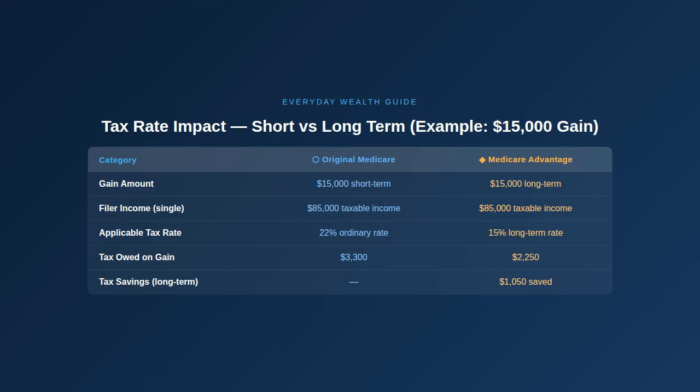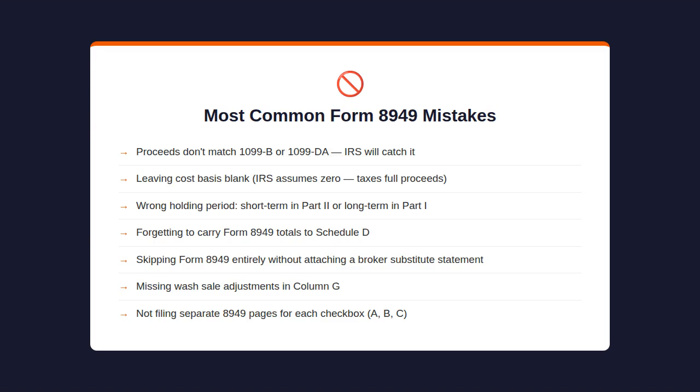Let me highlight the most common Form 8949 mistakes so you can avoid them. The first is mismatching proceeds. If your 1099-B shows $5,000 in proceeds and you enter $4,800, the IRS computer will catch it. Second is leaving cost basis blank when you actually know it.